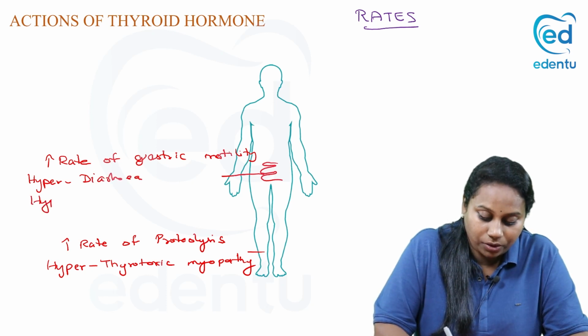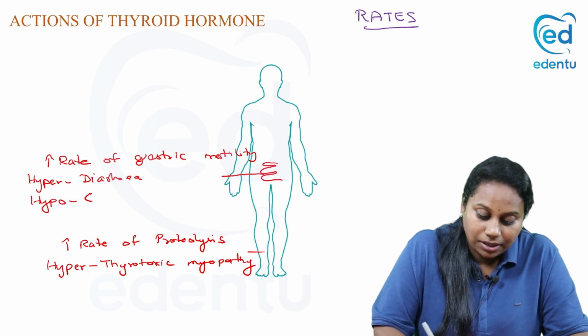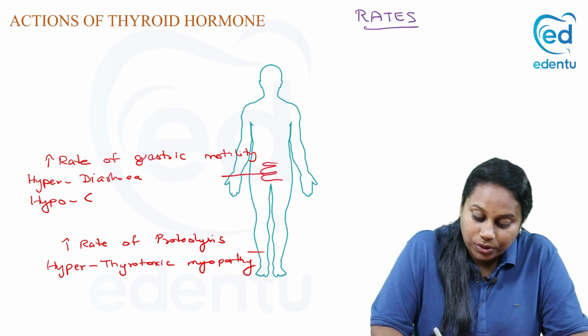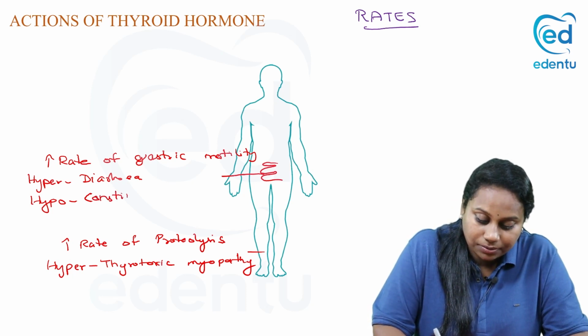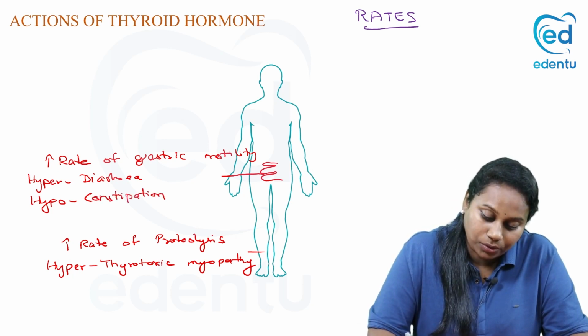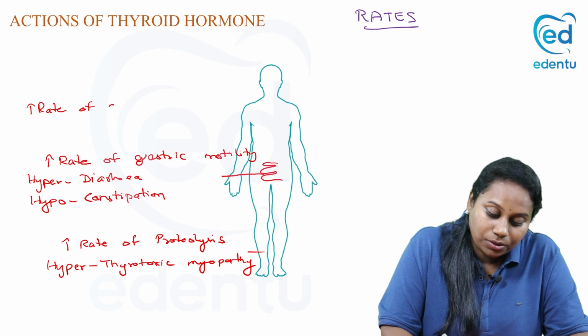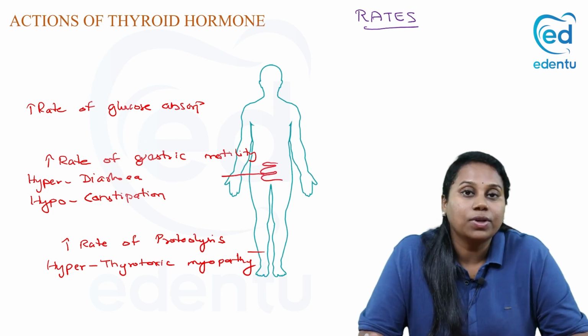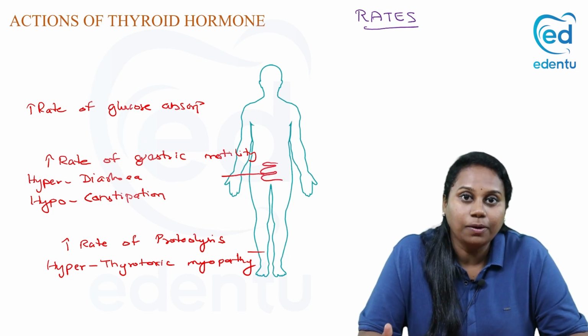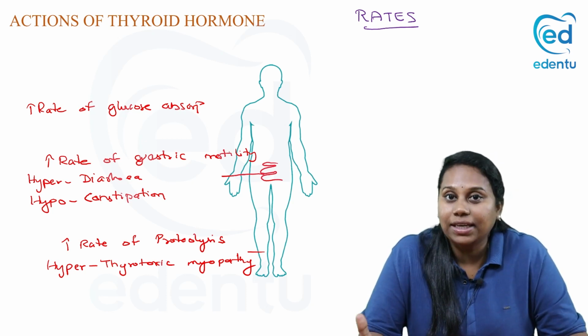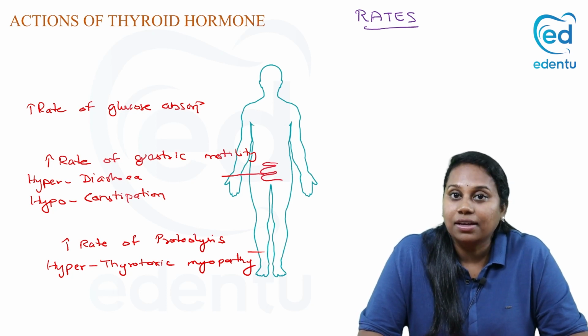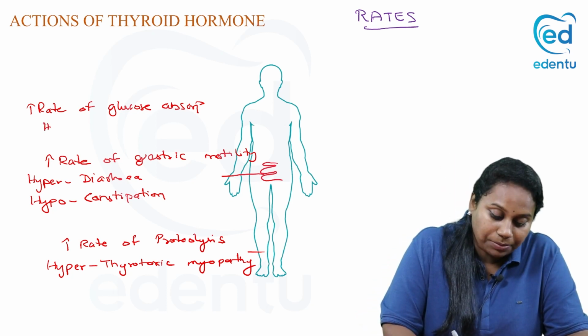And hypothyroid patients have decreased gastric motility, so they will have constipation. And thyroid hormones also increase the rate of glucose absorption. That is why as soon as you eat a carbohydrate-rich meal, all this glucose will be quickly absorbed into the blood, thereby resulting in hyperglycemia.